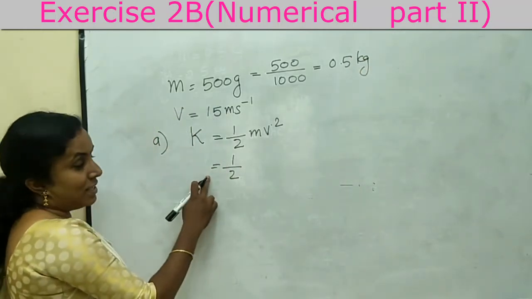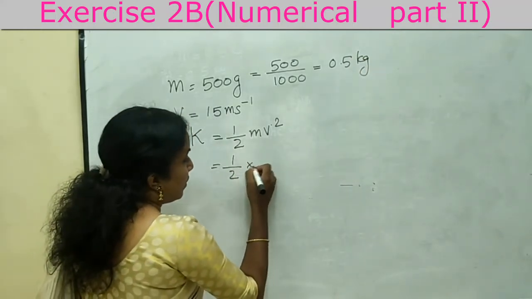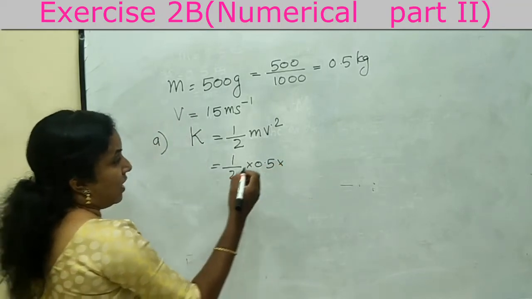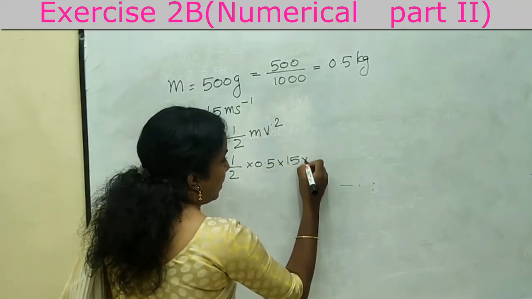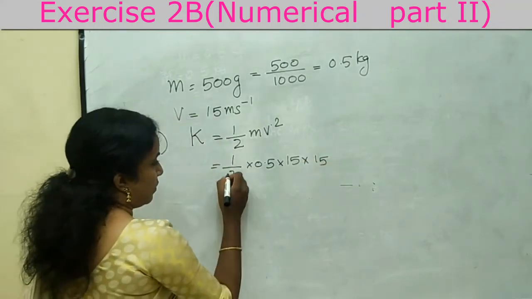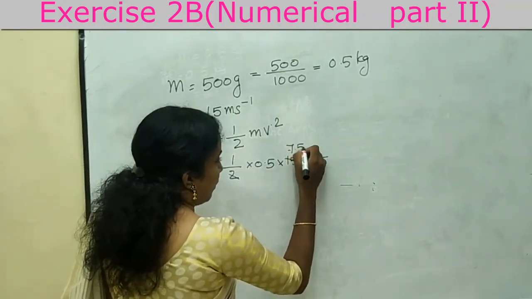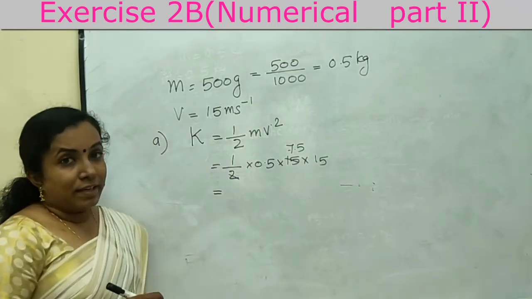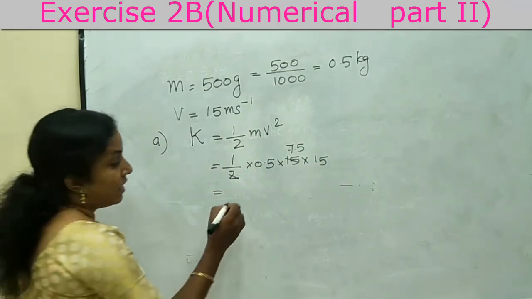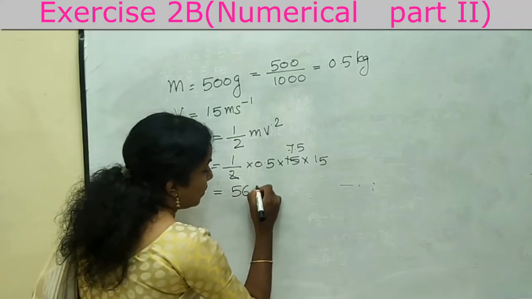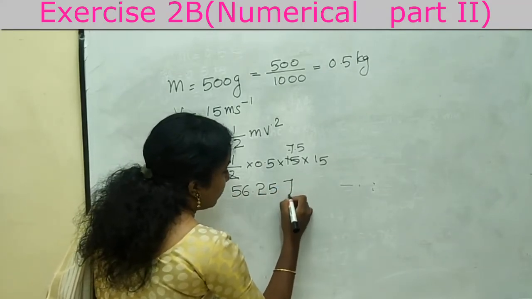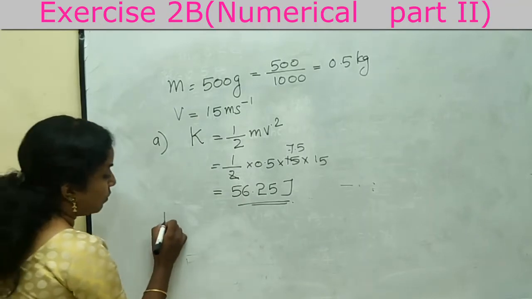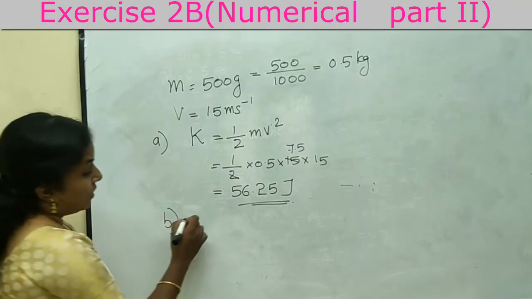So here it is 1 by 2 into 0.5 into v square, that is 15 into 15. It is 7.5. On multiplying, we will get the value as 56.25 joule. Now, momentum.